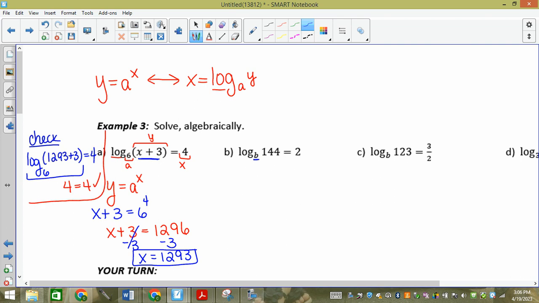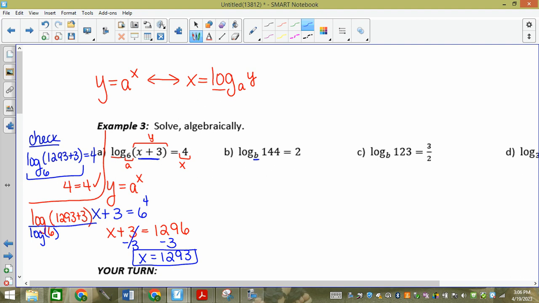If you have the older calculators, you do not have the log base button. If you have the older calculators, you're paying attention right now. You have log base 6 of 1,293 plus 3. So what you have to do is actually type the top in divided by log of the base, log 6.